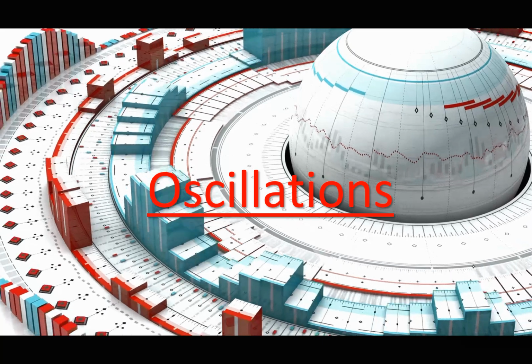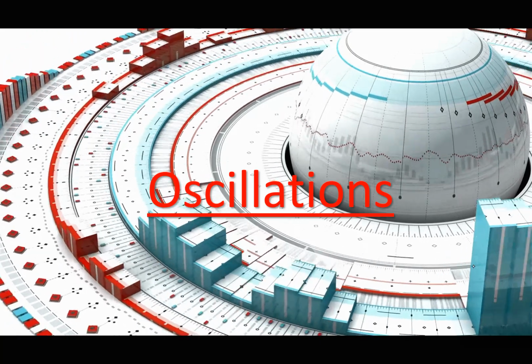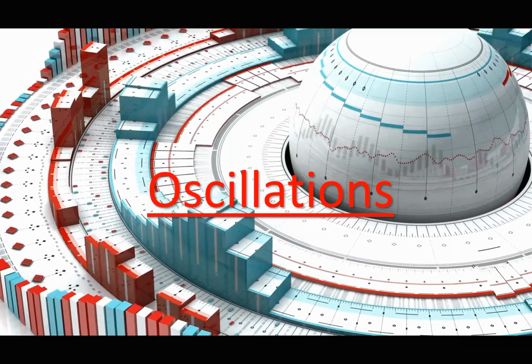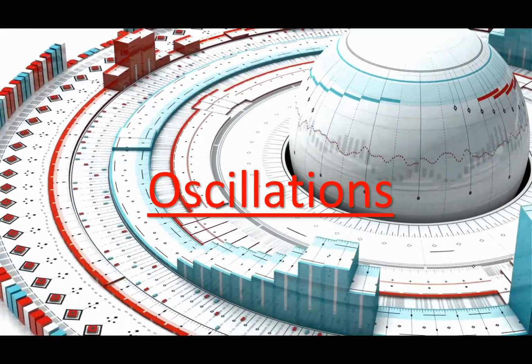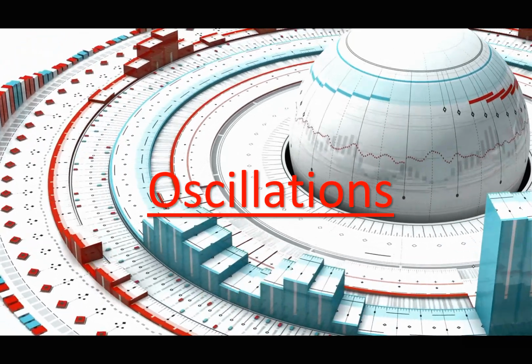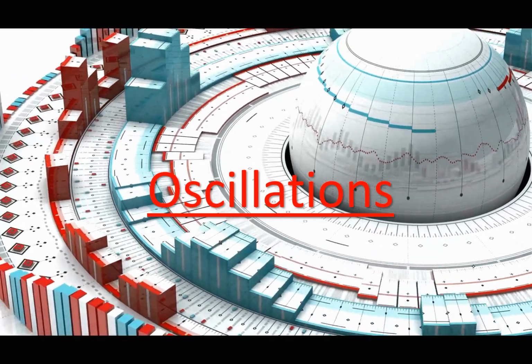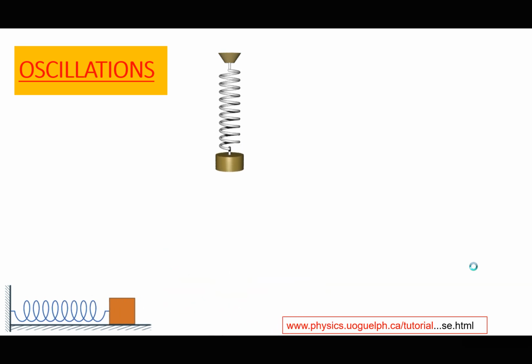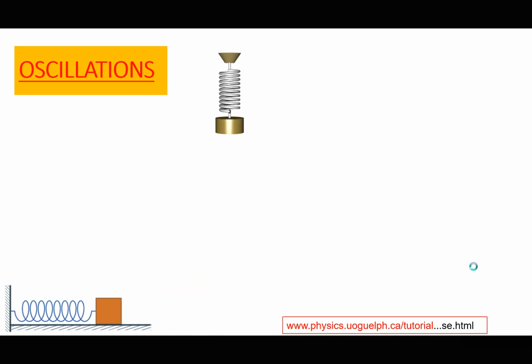So let's start by understanding what we mean by oscillations. What is an oscillation? We somehow defined an oscillation under simple harmonic motion, but we shall still redefine it here for examination purposes. When someone talks about an oscillation, as indicated by these animations, you notice that there is always a to and fro movement of objects.